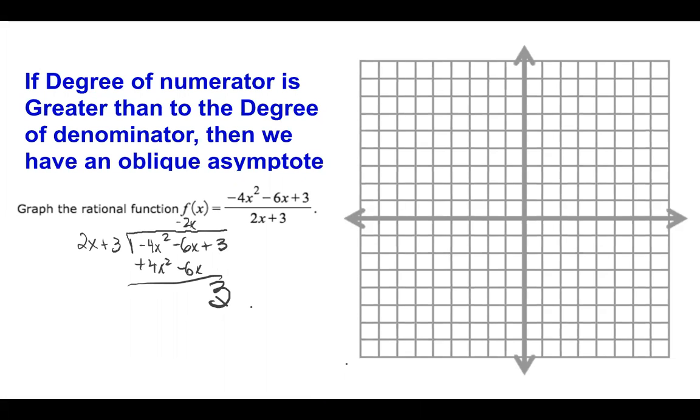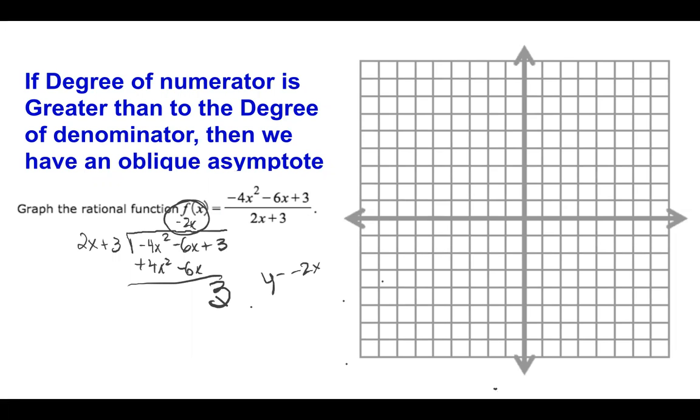That doesn't matter, but what we get as an answer, I should say the quotient, is y equals negative 2x. And that is a graph that would go on our page.